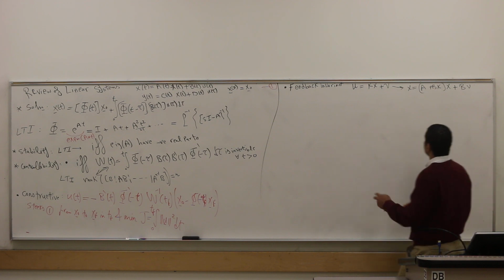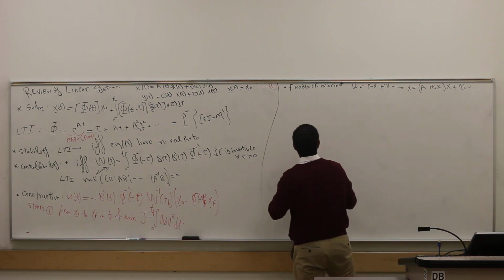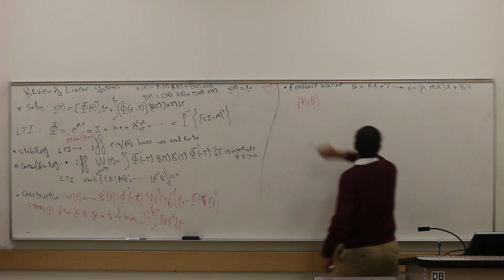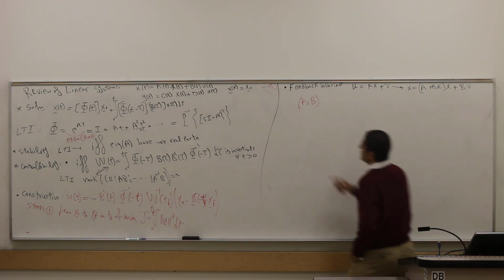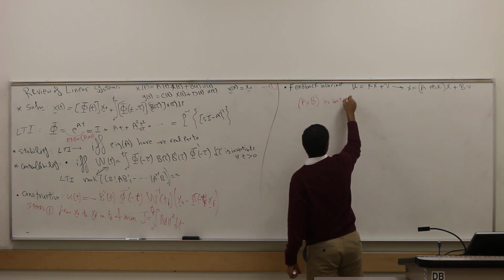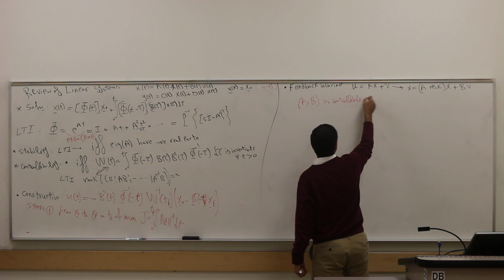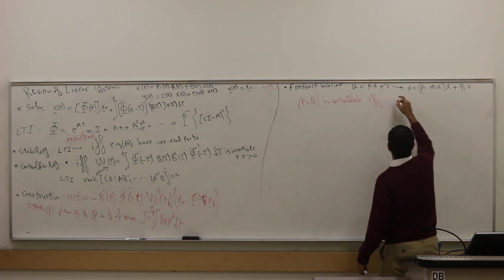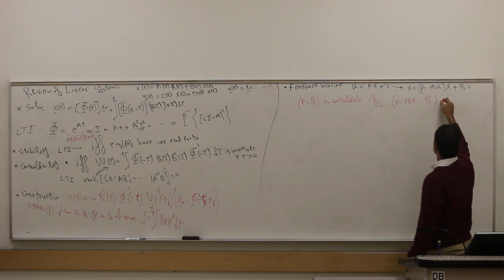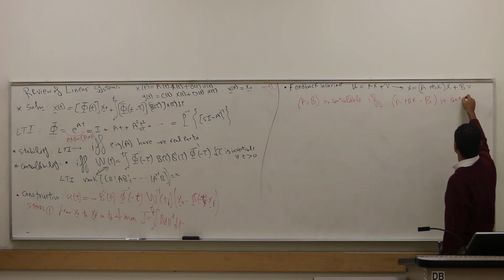So your original A and B matrix pair was defining your previous system, so this is controllable if and only if the new pair, which is A plus BK, this is your new A matrix, your new B matrix is the same, is controllable, right?